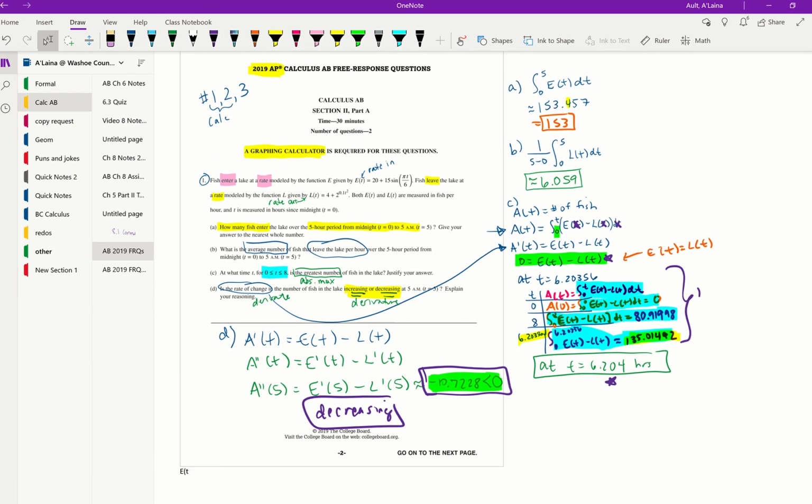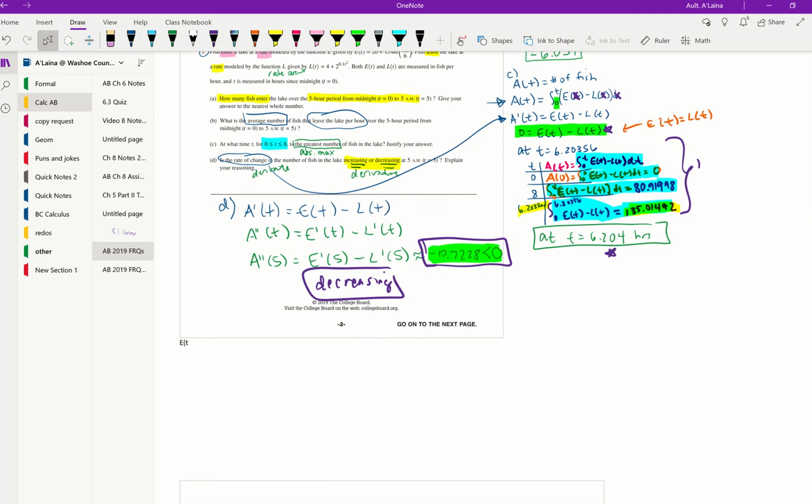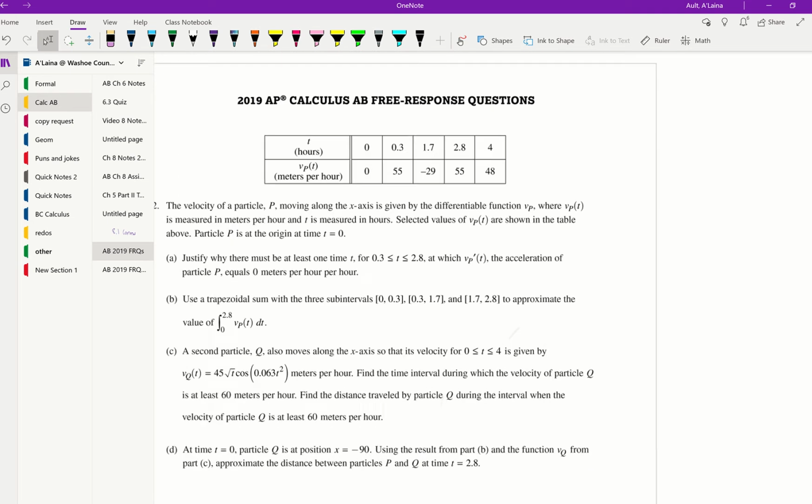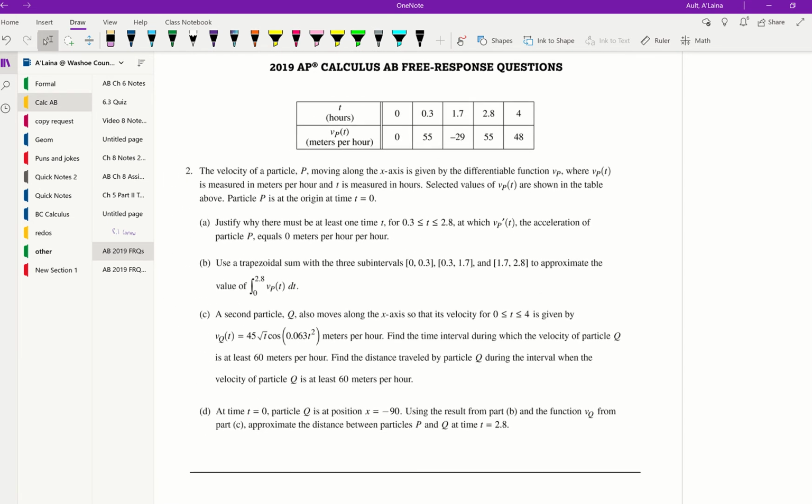All right. FRQ number 2. This one's a particle motion problem, and it's also calculator active. The velocity of a particle P moving along the x-axis is given by the differentiable function v sub p, where v sub p of t is measured in meters per hour, and t is measured in hours.